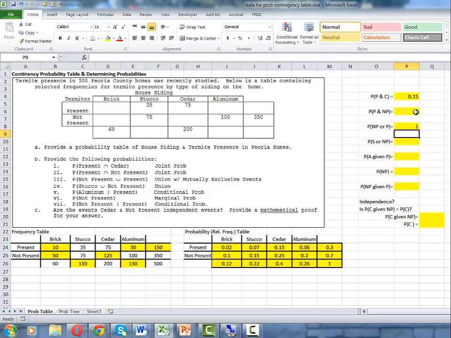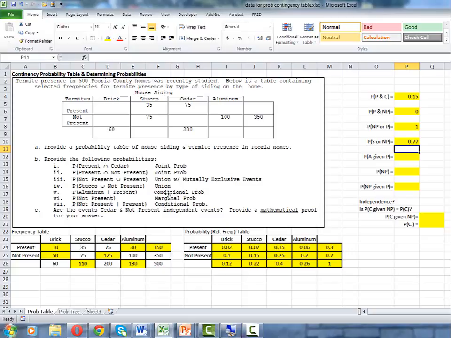So because present and not present are collectively exhaustive here, the probability adds up to 1. Then you've got the probability of stucco or not present. Same idea, but now you're going to have a joint probability that comes into play. So stucco 0.22 plus not present minus the joint, otherwise you're going to double count. So you have to subtract that out, and you get 0.77.